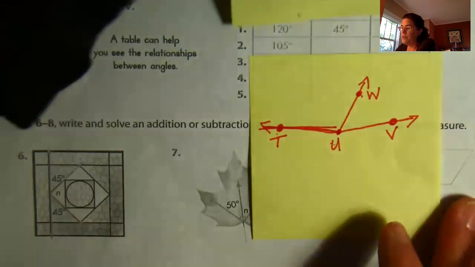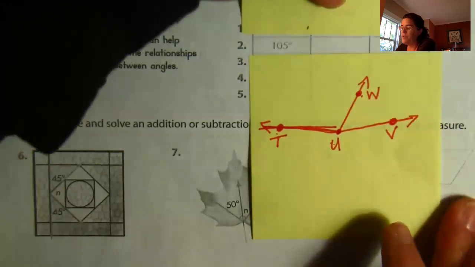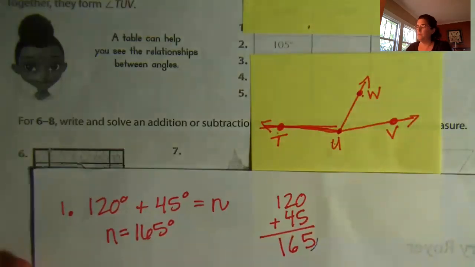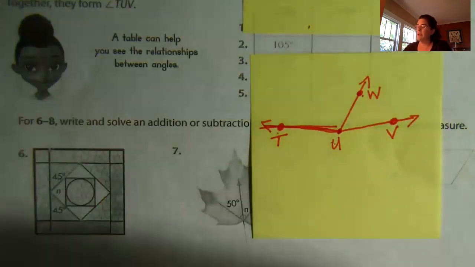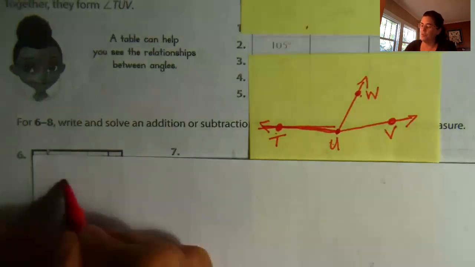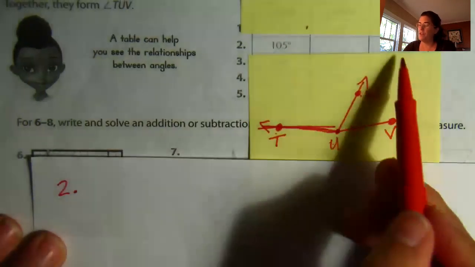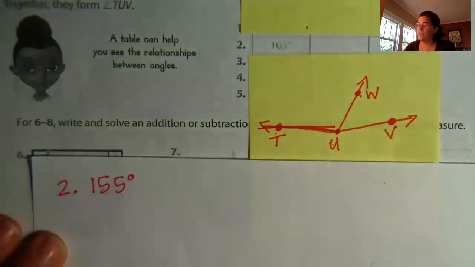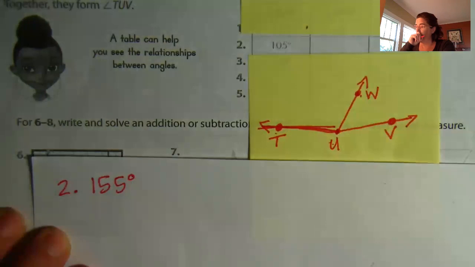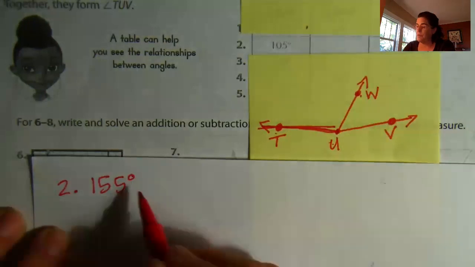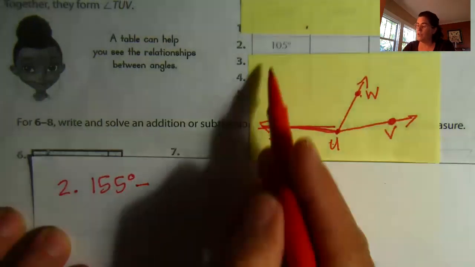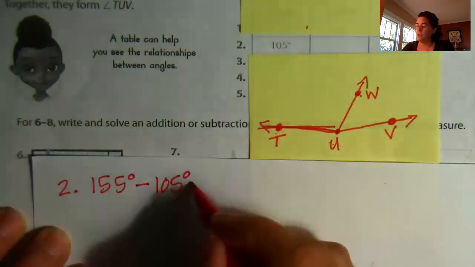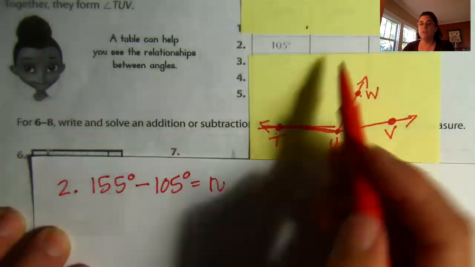All right, so I'm going to go ahead and cover that one up so I don't get confused. And I'm going to come down here on my spare sheet of paper. Let's go to the other side. And I'm going to do number 2. So I have the total, so I'm going to start with that, 155 degrees minus 105 degrees, because I'm given a part, equals n, my unknown part.